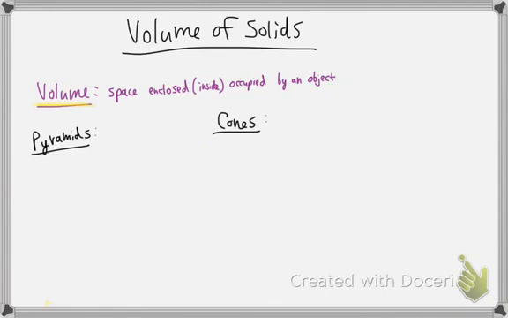So a pyramid, what do I mean by this? I mean something, and you're going to have to kind of bear with me on this one. Let's see if I can get this guy to look decent. I want to erase that part.